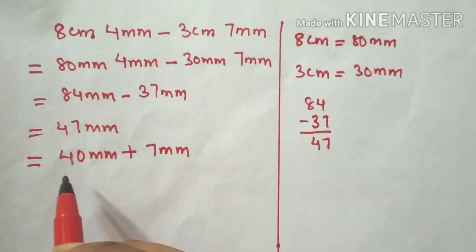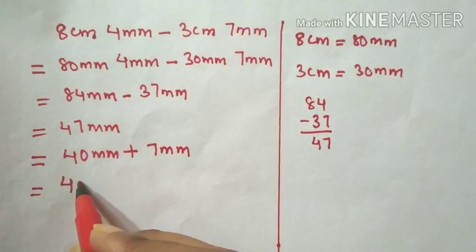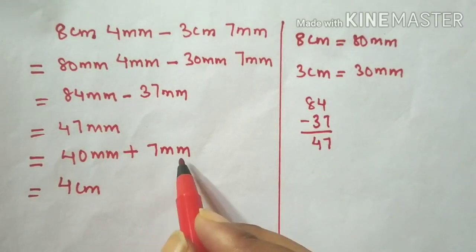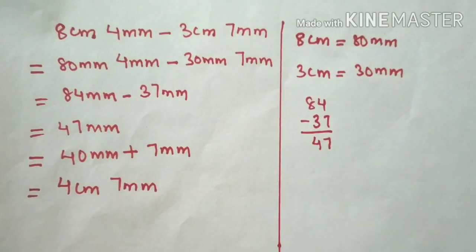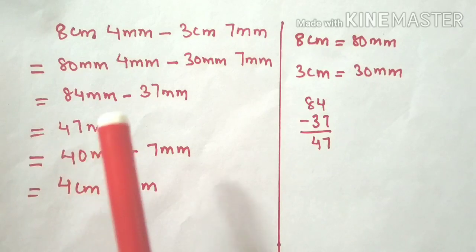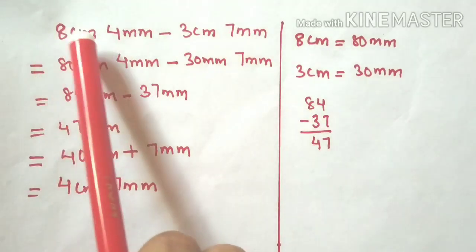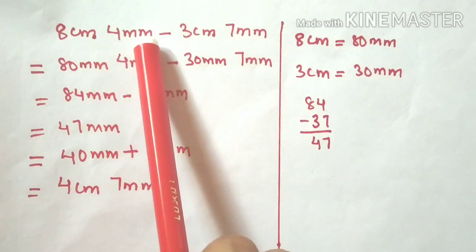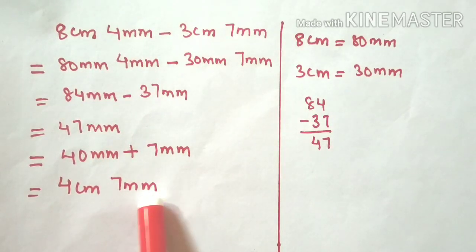So when we express 40 millimeters as centimeters, we get 4 centimeters and 7 millimeters will remain the same. So when we subtract 3 centimeters 7 millimeters from 8 centimeters 4 millimeters, we get 4 centimeters 7 millimeters.